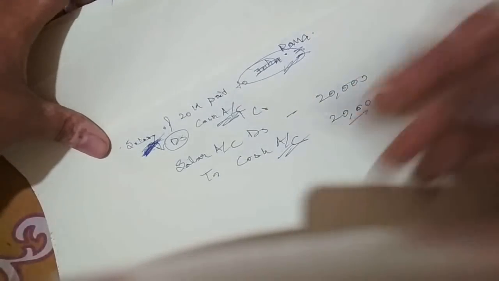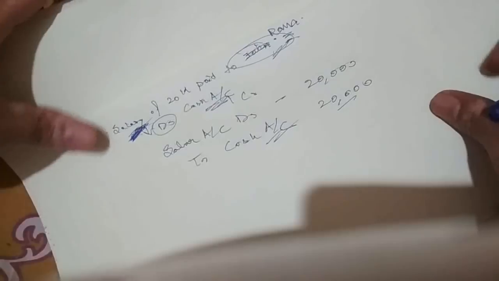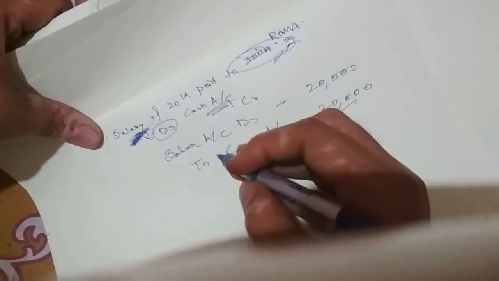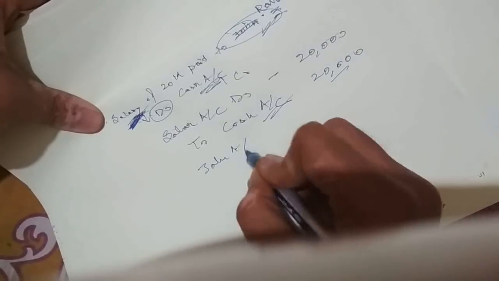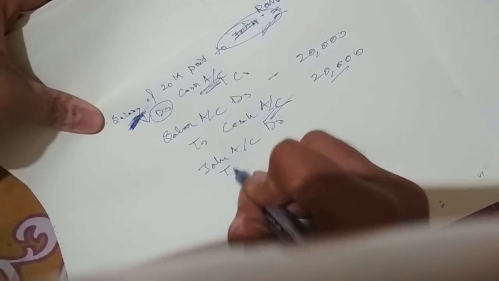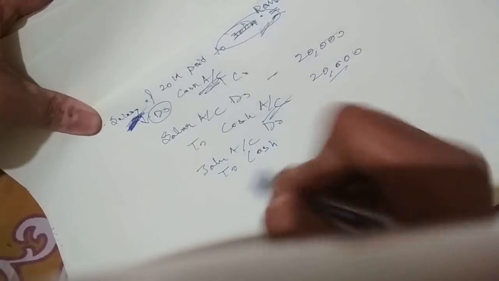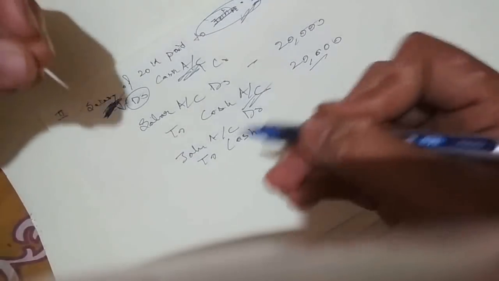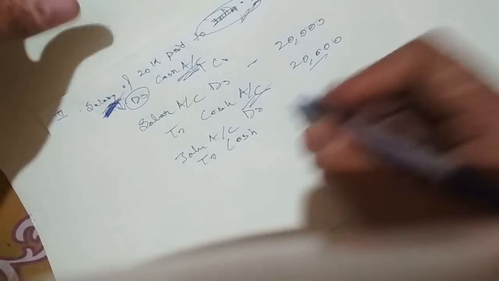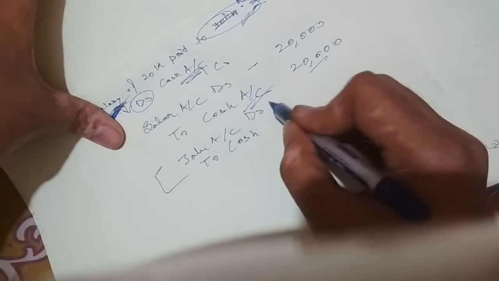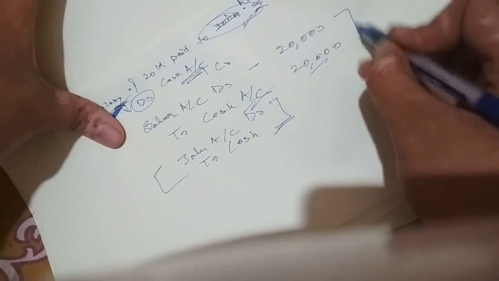So this is the entry, but in the journal you mistakenly wrote the entry as John account debited to cash. We made this mistake, so we need to correct it. In the journal entry, this is the entry, but actually the entry is this.